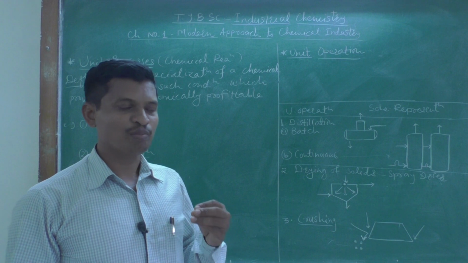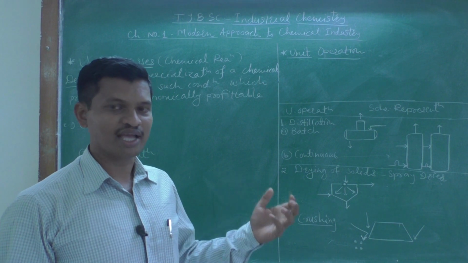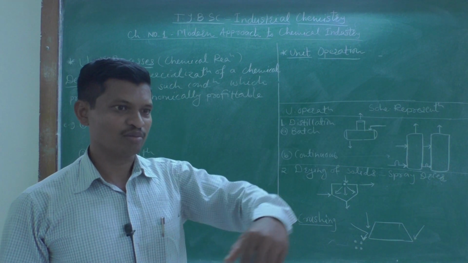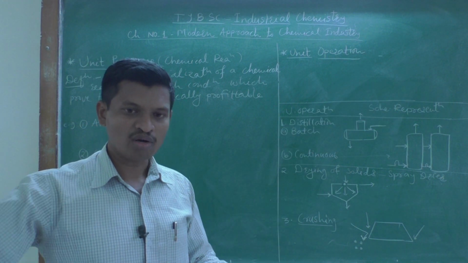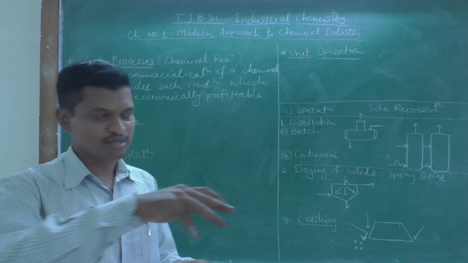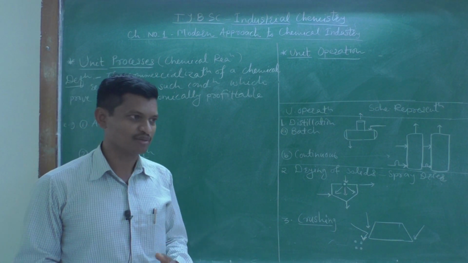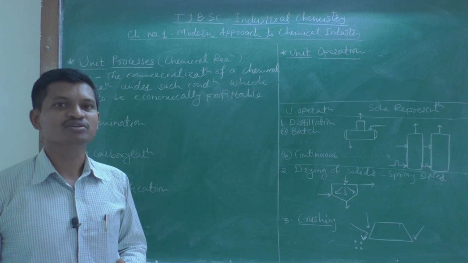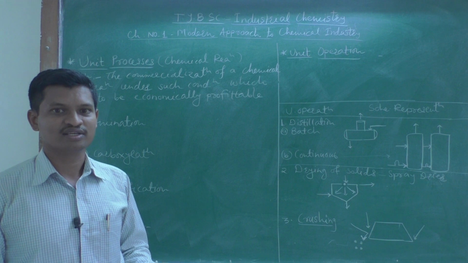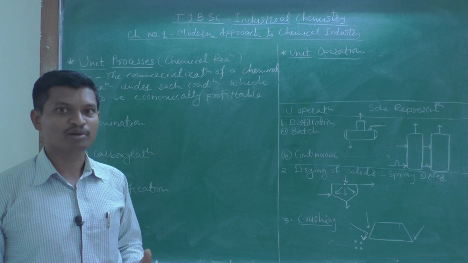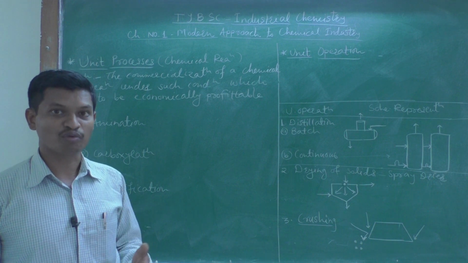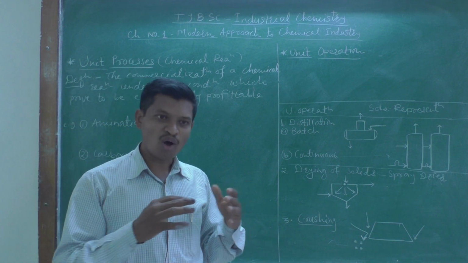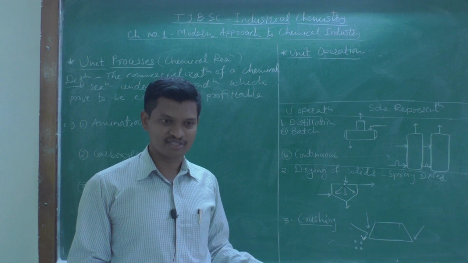One person may carry out that chemical reaction by method A, another person may go through method B, or a third person through method C. But out of these three or four ways, which method will give us economically profitable production of that particular reaction? All these are nothing but chemical reactions.